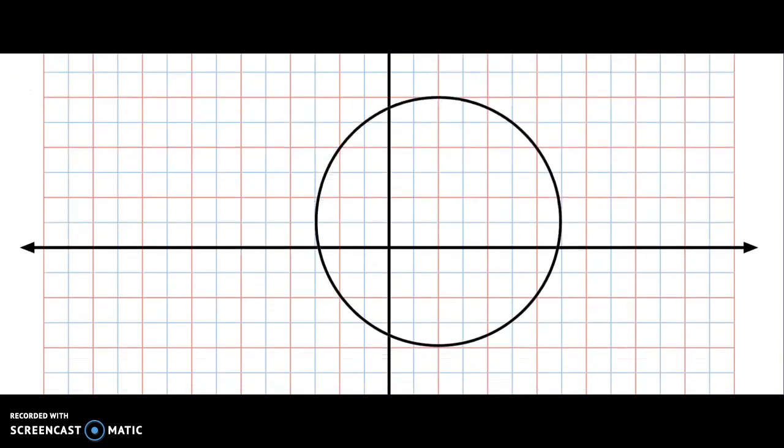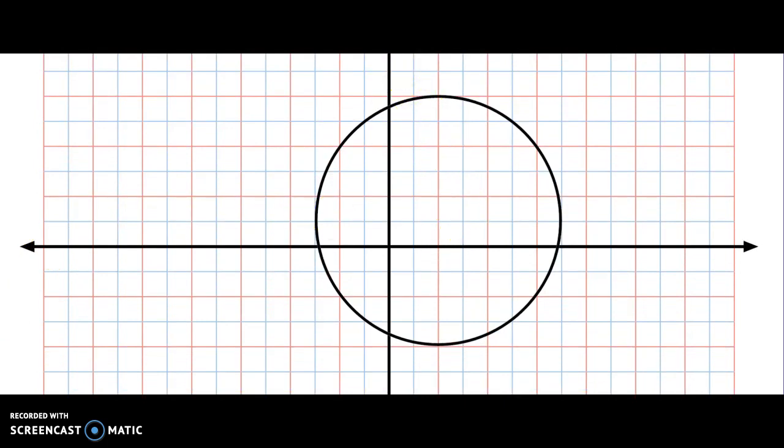If we look at this circle, trying to find where my center is, 1, 2, 3, 4, 5. I can again go in any direction and figure out that my radius for this one is 5.